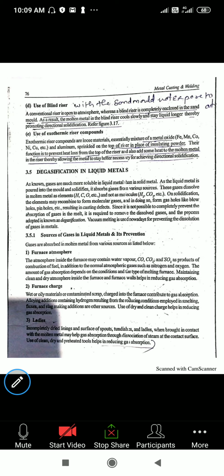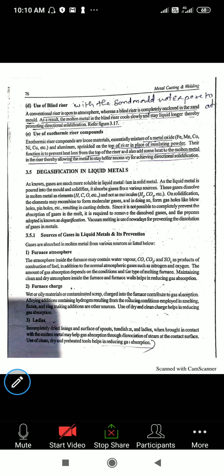During the carrying of this molten metal in the crucible, whatever atmospheric air is entrapped, or you can say hidden, in the molten metal, those gases are to be removed before pouring that molten metal into the molding box.